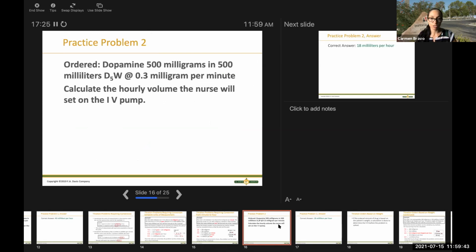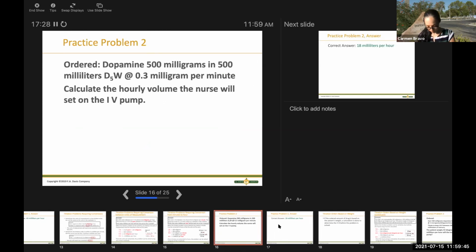So let's work this problem. And I know it gets more and more complicated. I need to know the hourly volume, so I know this is what I'm looking for. My order says 500 milligrams and 500 milliliters.